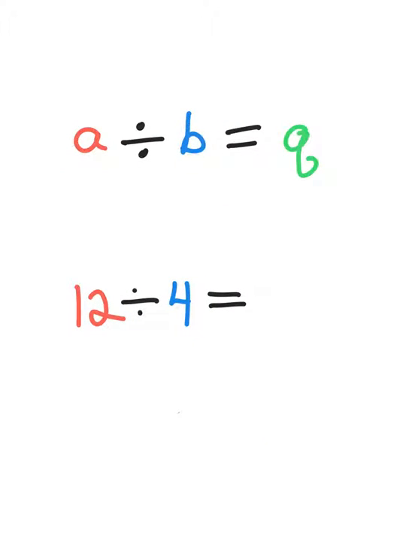In a situation where you have a number divided by another number equals a third number, especially where the second number is a factor of the first, these numbers have names. The first one, the A, is called the dividend. So in 12 divided by 4, 12 is the dividend.